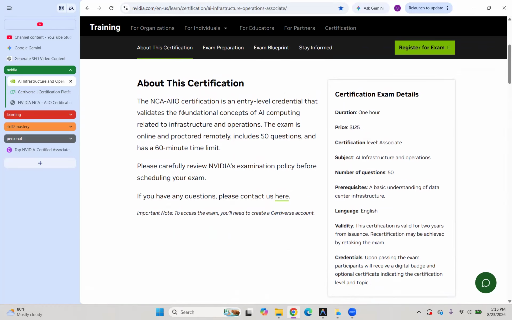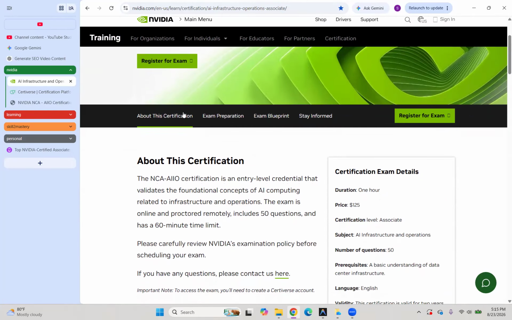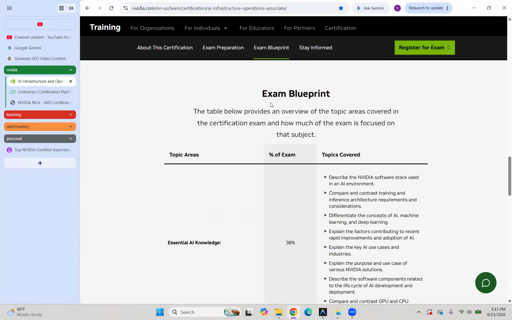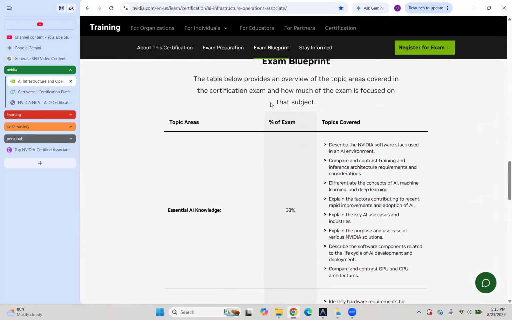So, what are the components of this exam? Let's go to the exam blueprint. The first part is AI knowledge, which covers 38%, and it starts with understanding the whole NVIDIA software stack involved. Their GPUs, the types of the GPU. Is it Blackwell? Is it Hopper?